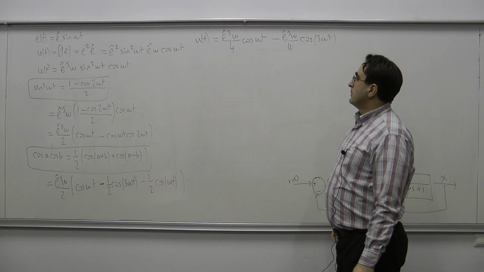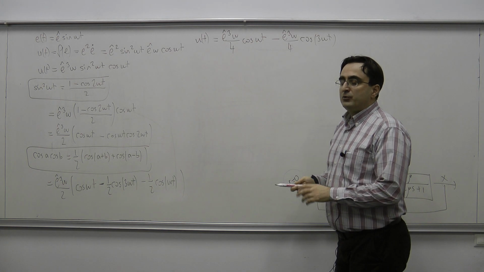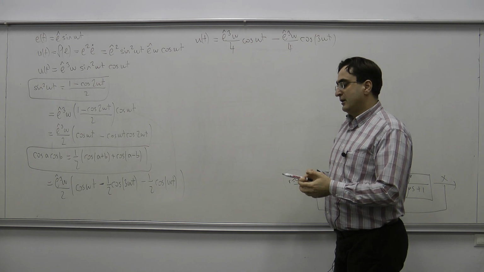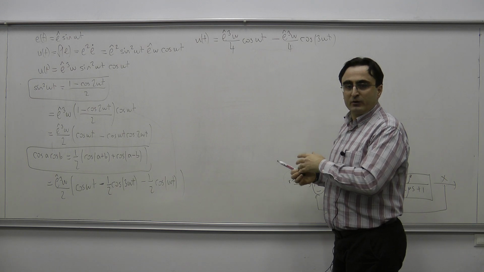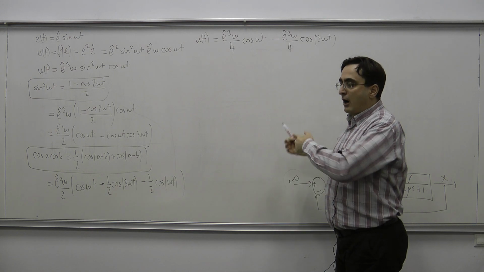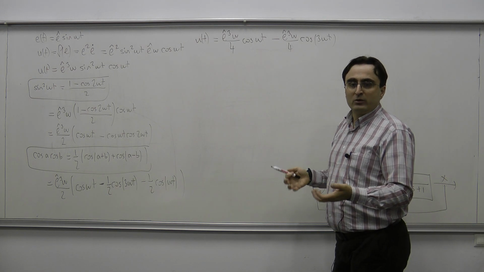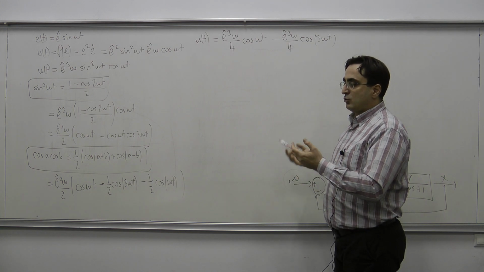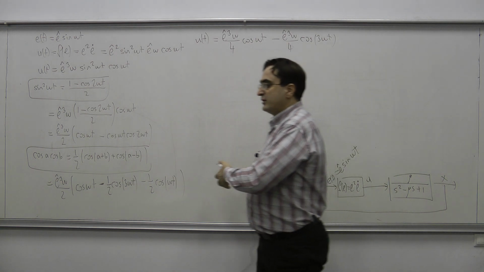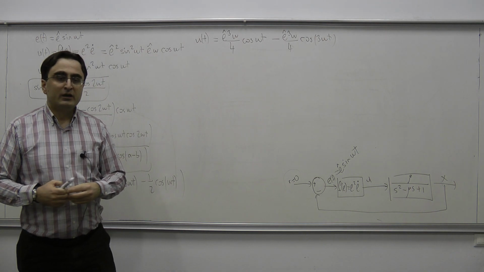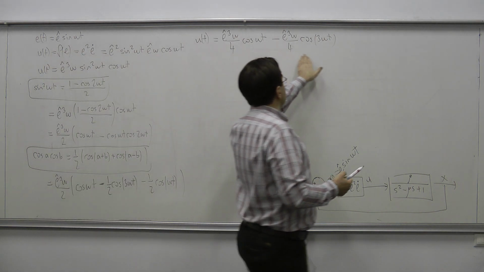If you give a linear system an input of a single frequency, then the output at the steady state can only contain signals with the same frequency. You cannot get additional frequencies like this in a linear system.